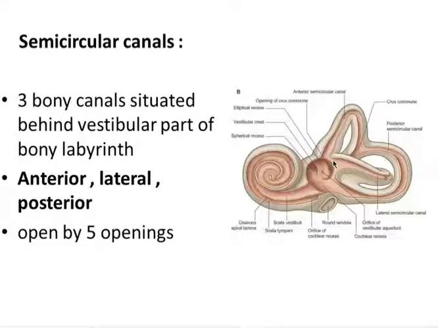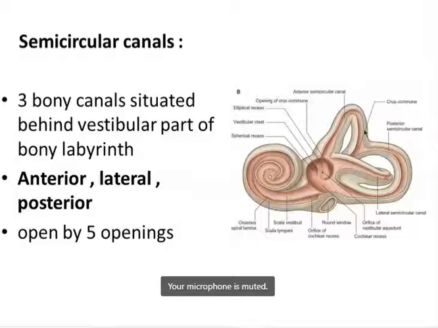Okay. Now all these canals have 6 openings, but they open into the vestibule by 5 openings. Because each canal has 2 openings actually, but at one point the 2 openings fuse here and form the crus commune. So here you can see this is the crus commune.